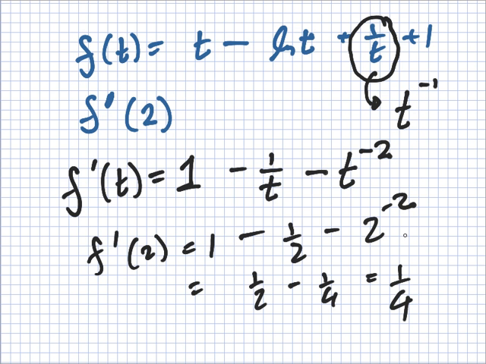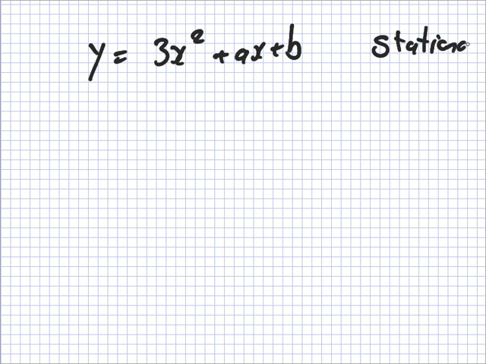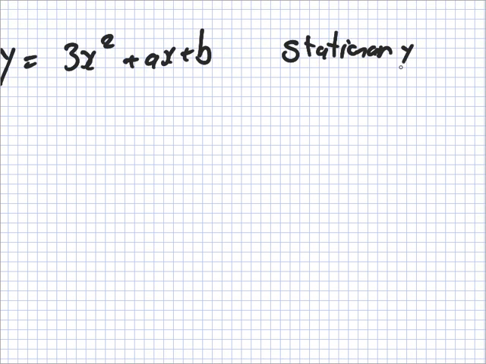Okay. We are getting a bit different now. Do you mind if I put this around that? A curve has equation y equals 3x squared plus ax plus b, and its stationary point is 2, 1.